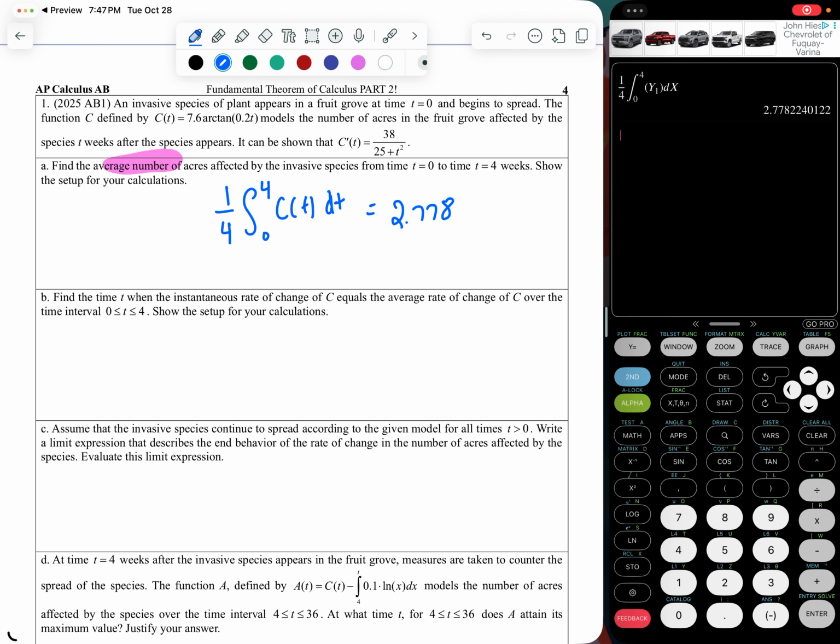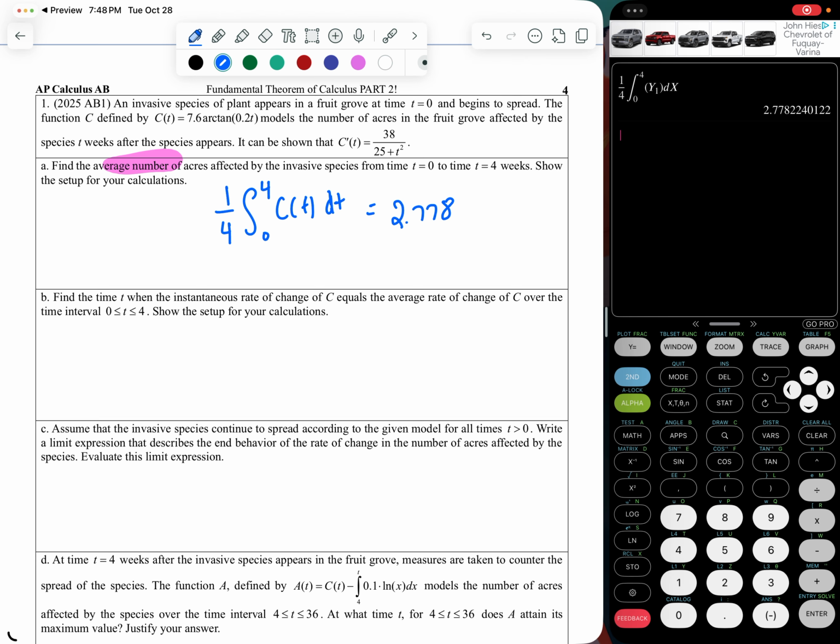Part B, we love telling you guys to find the instantaneous rate of change and when it is equal to the average rate of change and all that good stuff, aka the Mean Value Theorem. So we are going to find the average rate of change here from 0 to 4.